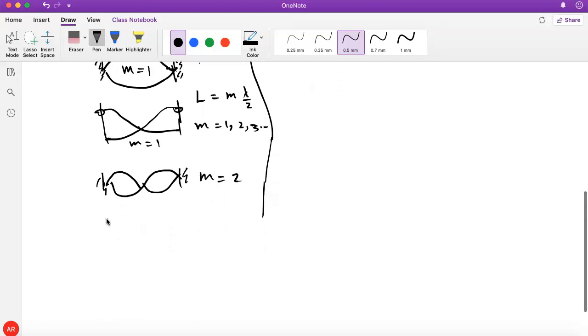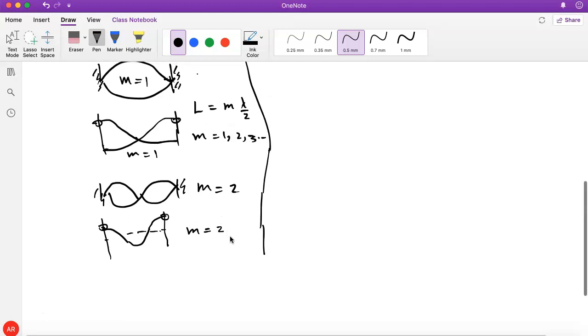And similarly, that's 1 lambda, and this is 1 lambda. It goes from maximum to maximum. So that's also m equal 2 for free.